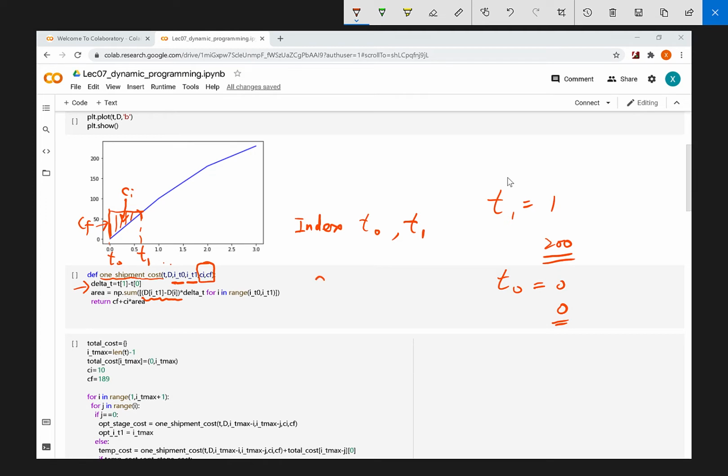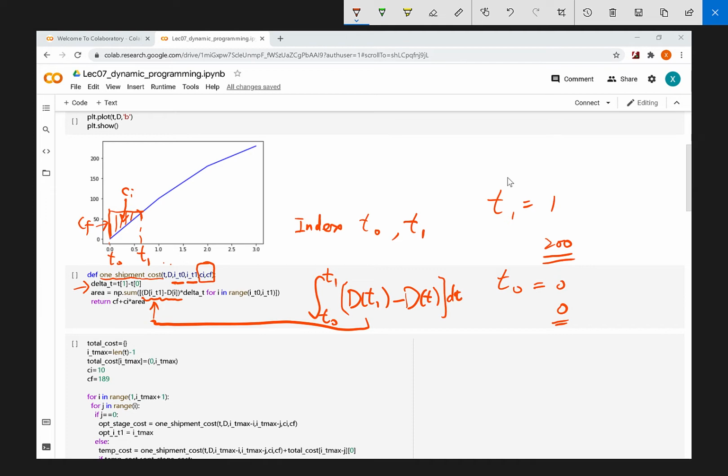Remember, the shaded area from t0 to t1 is given by d(t1) minus d(t). Okay, so for the shaded area here, we use the index directly. The index at t1 is it1, so d(t1) is calculated based on d at the index of it1.